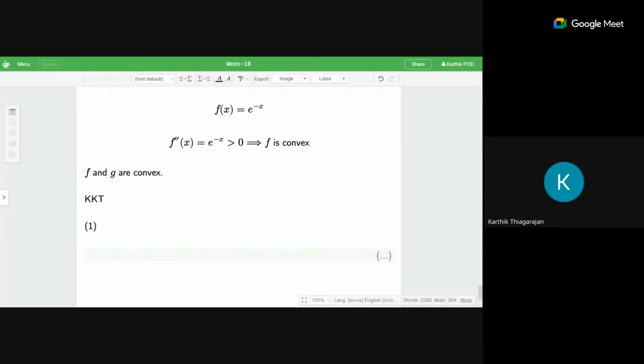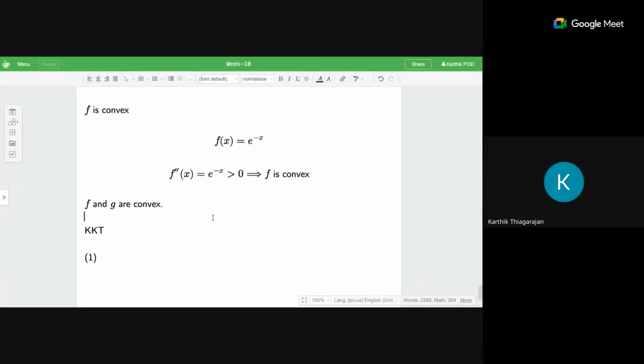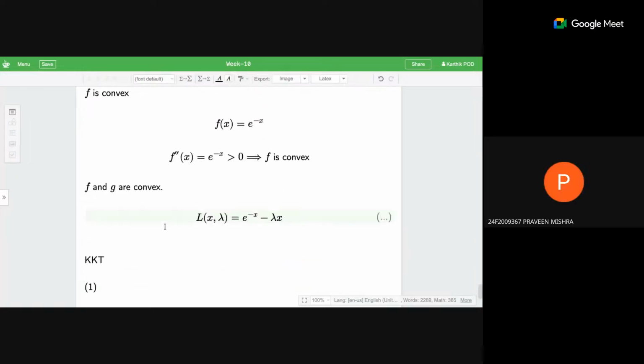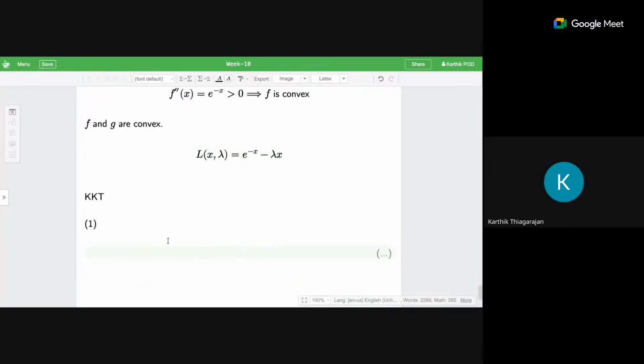The Lagrangian in this case is e power minus x plus lambda times minus x, that is e power minus x minus lambda x, correct? So the stationarity of the Lagrangian tells us that minus e power minus x minus lambda equals 0, correct?